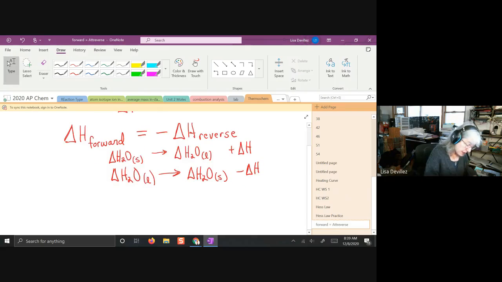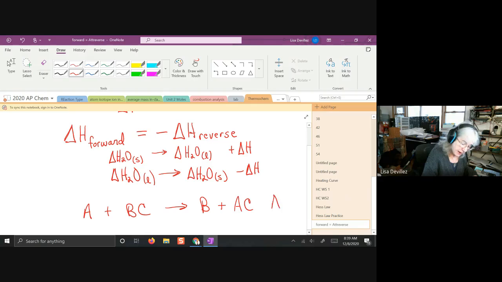Then the other thing is if I multiply a reaction. Let's make up a single replacement reaction.